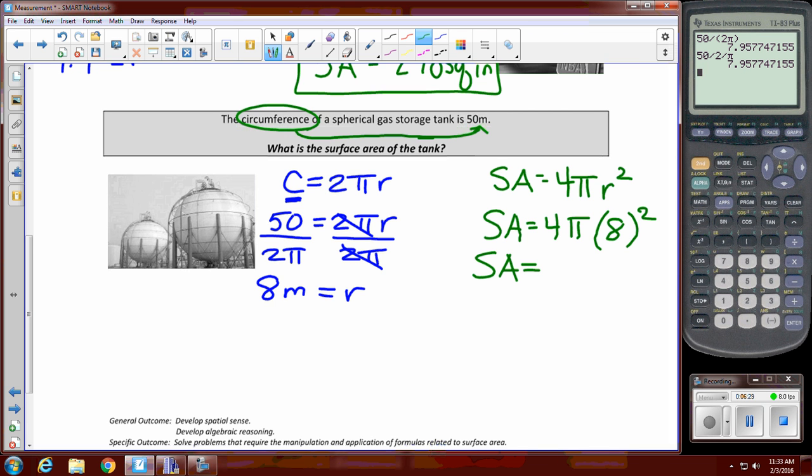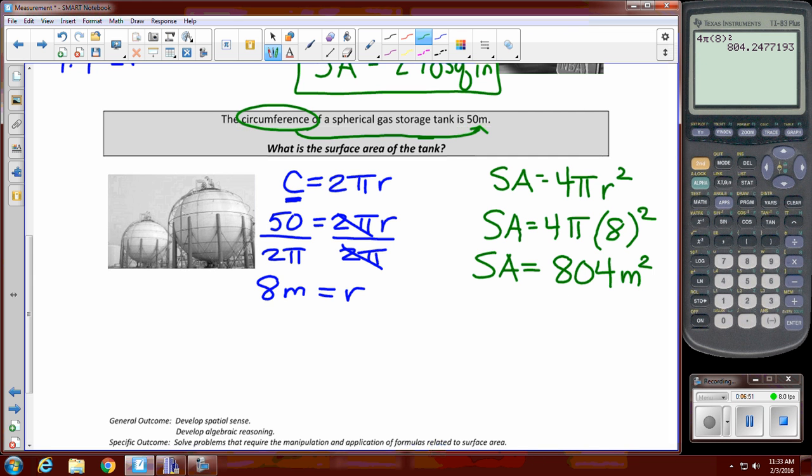In my calculator, I'd say 4 times pi times the radius, which was 8, squared, equals, and we'll round to the nearest square meter, approximately 804 square meters of metal to make the spherical gas storage tank.